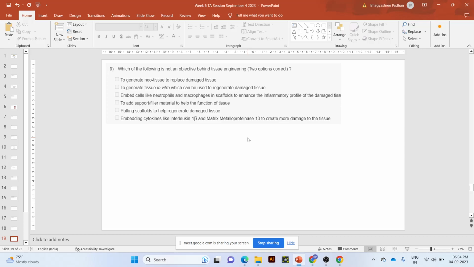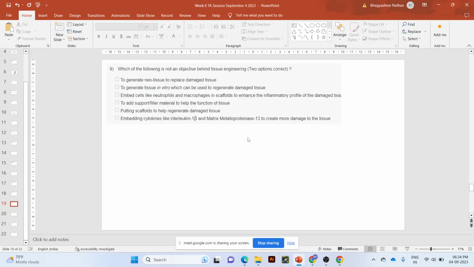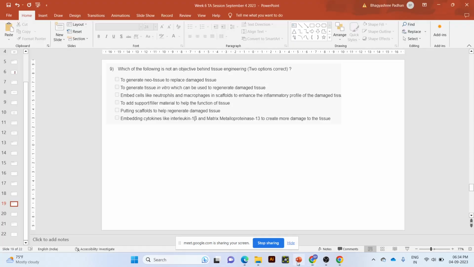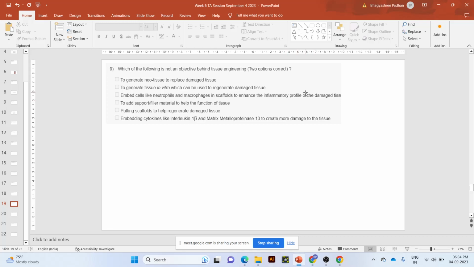Okay, third and last options are the correct answer. That is, embed cells like neutrophils and macrophages and scaffold to enhance immuno-inflammatory profile of the damaged tissue. This is not an objective of tissue engineering, because we want to decrease the inflammatory profile, not enhance it.